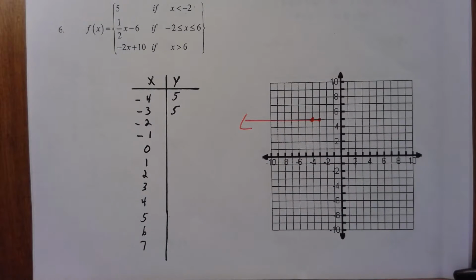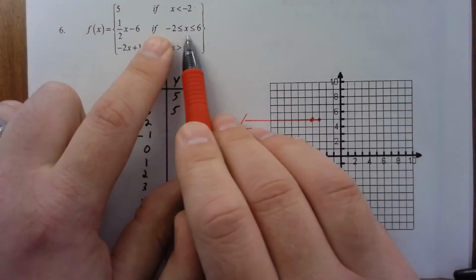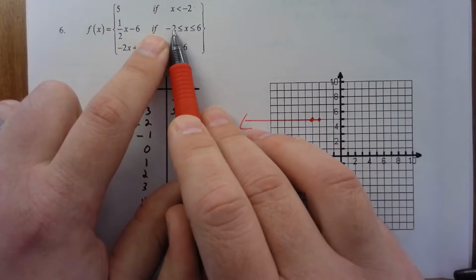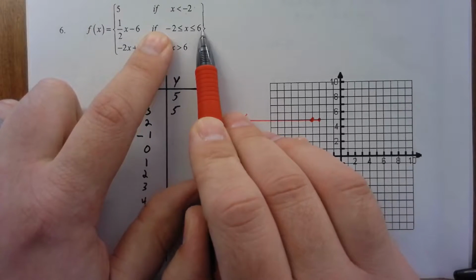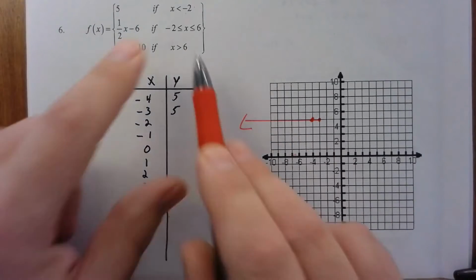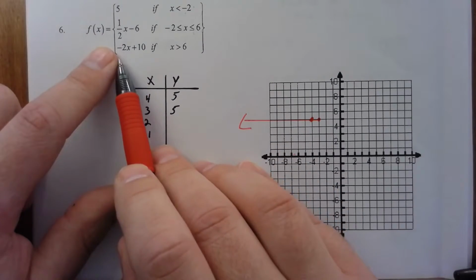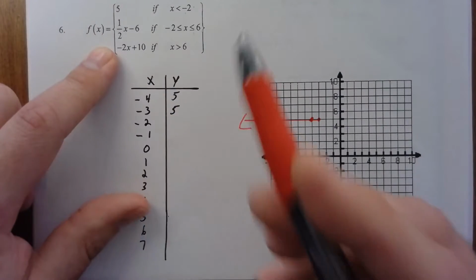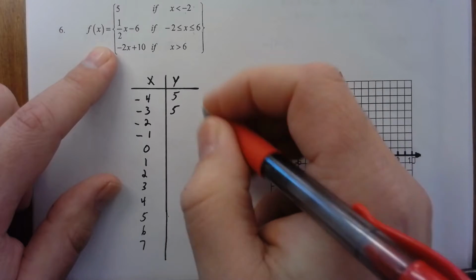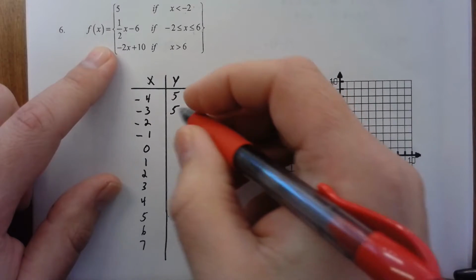So the trick to this is this segment that I've got to deal with in the middle. I've got -2 included and 6 included, so I'm just going to compute the values for -2 and 6 and plot those 2 points, and then draw a line between them. So 1/2 times -2 is -1. -1 minus 6 is -7.